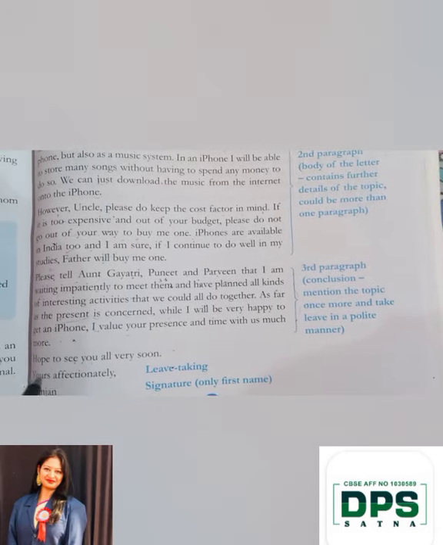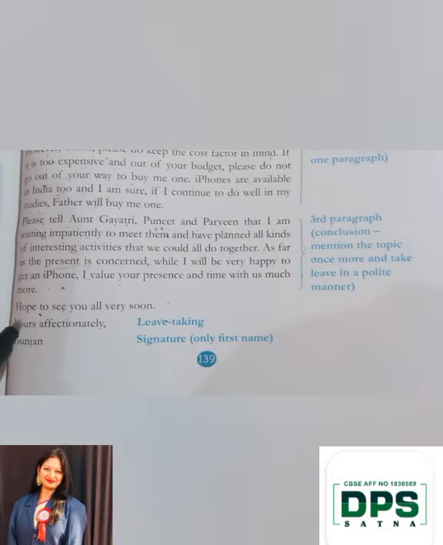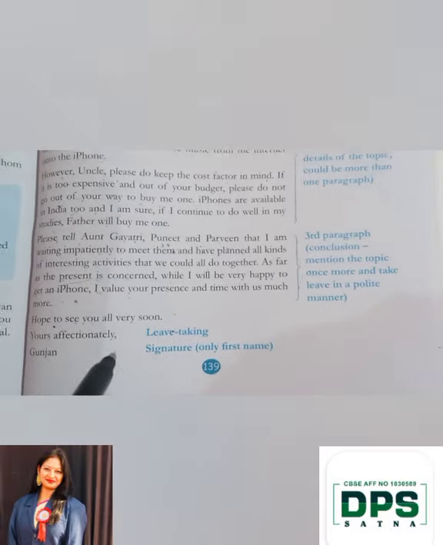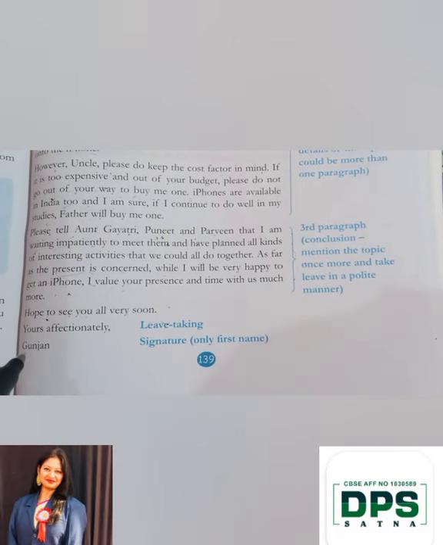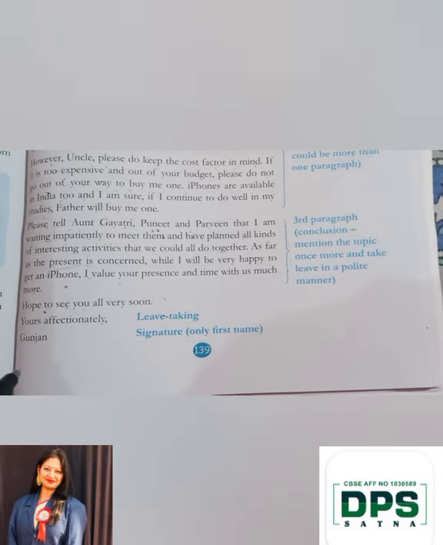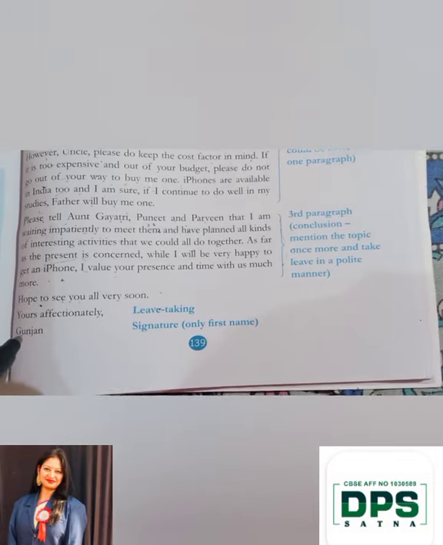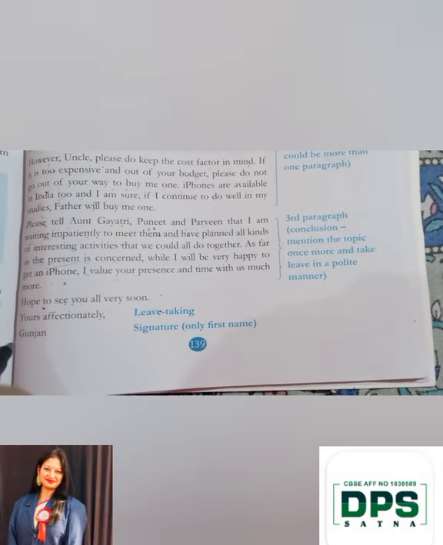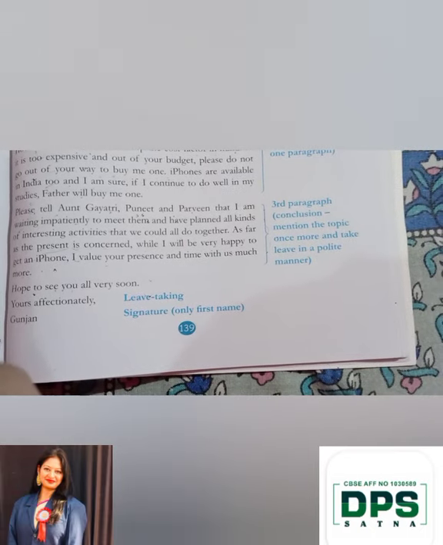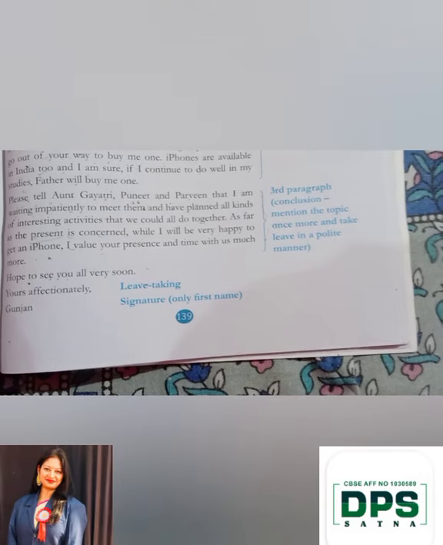Okay. Then leave one line. Okay. Leave one line. And what you will write? Yours affectionately or yours lovingly. Then put a comma and whatever. Don't write your name in the exam. Again I am telling you, Gunjan, over here it is written, but if the address or the name is mentioned in the informal letter during your exams, then only write that particular name.